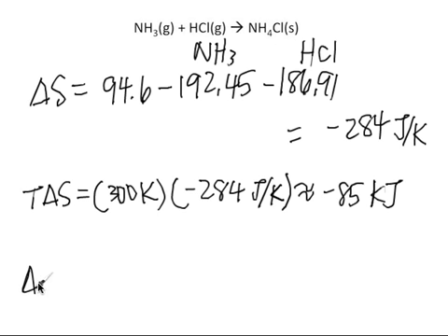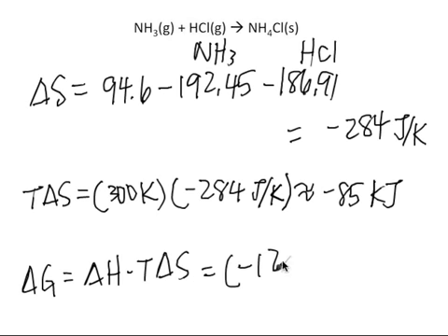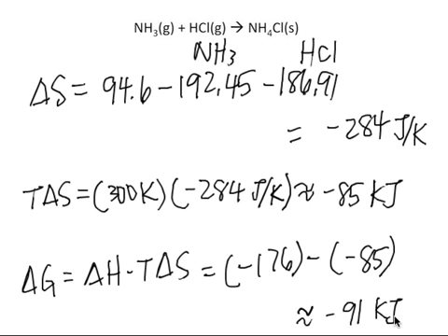So delta G is going to equal delta H minus T delta S. That's going to give us about minus 91 kilojoules. So here we see that the negative delta H was able to overcome the unfavorable negative delta S. So therefore this reaction is still spontaneous.